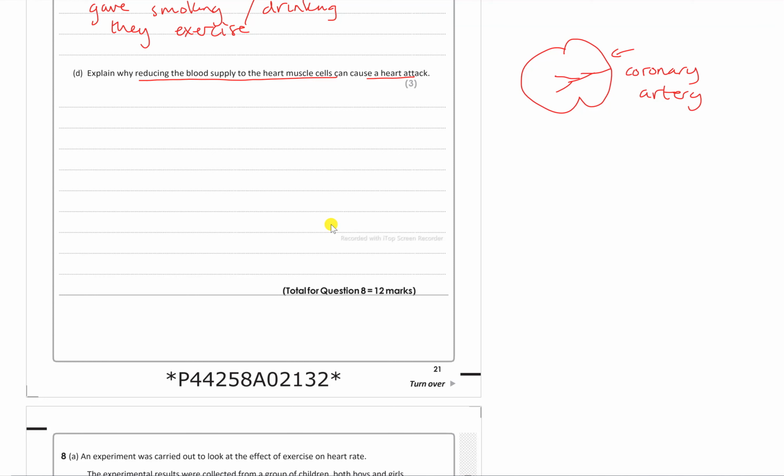Coronary artery. When that gets blocked up, you have less oxygenated blood.